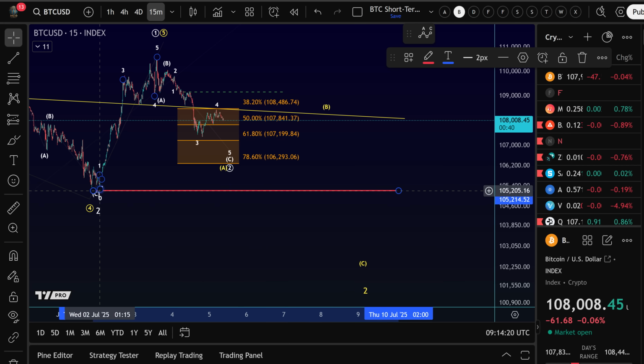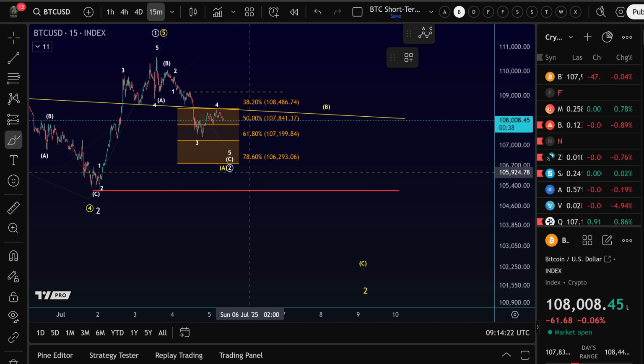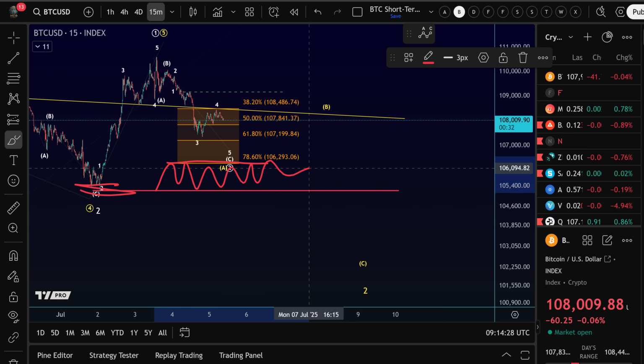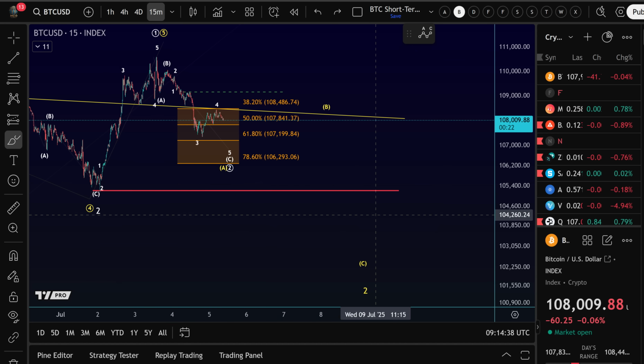This is the swing low from the 2nd of July. Basically below support but above the invalidation point, we have some wiggle room here, but the formal invalidation point is that swing low from the 2nd of July. So that's the update on Bitcoin.